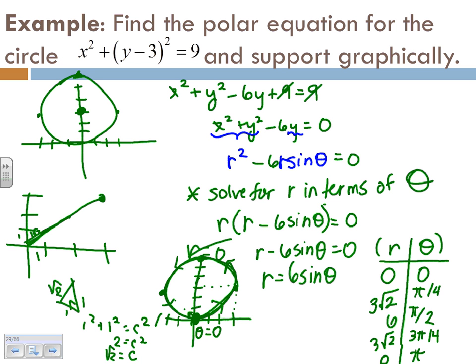All right, so get your calculators out. Let's just see this. Go to your mode, take the polar. Then it's going to start repeating.